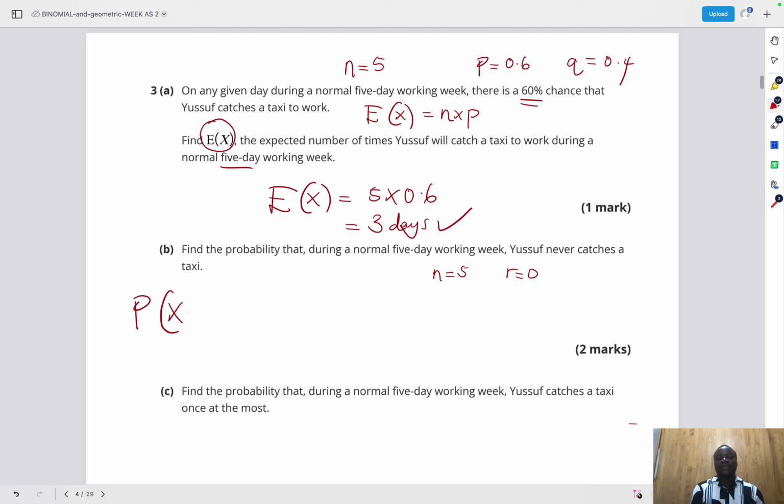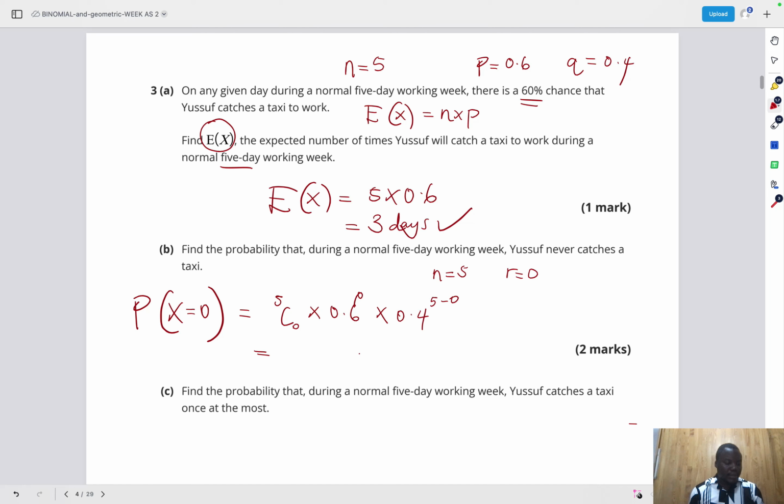This is the probability that Yusuf, the random variable, is not successful, which means 5 choose 0 times the probability p, which is 0.6 to the power of 0, times q, which is 0.4 to the power of 5 minus 0.